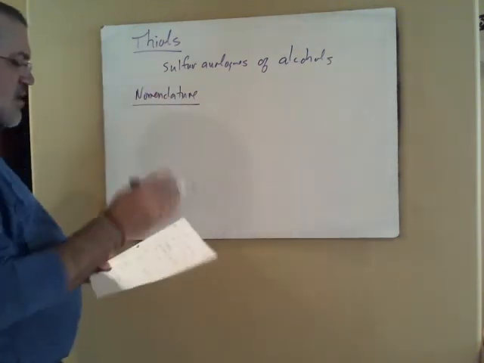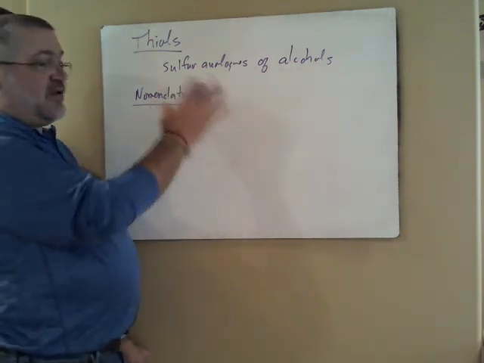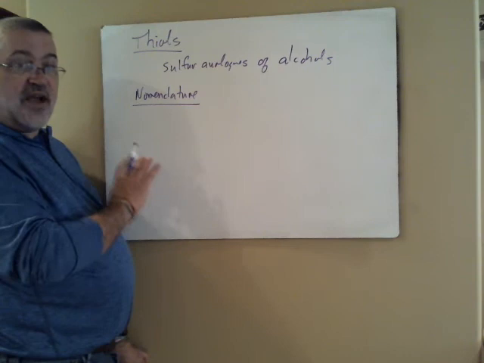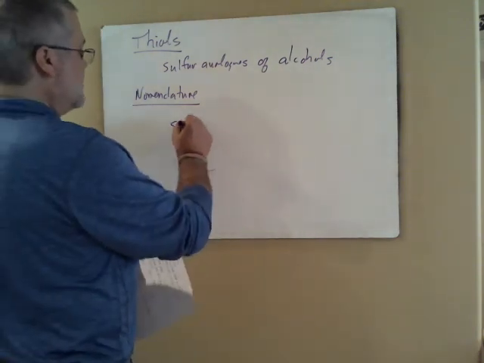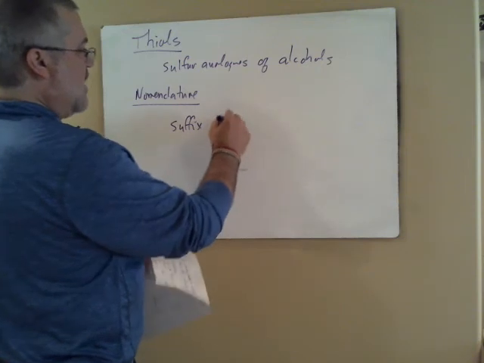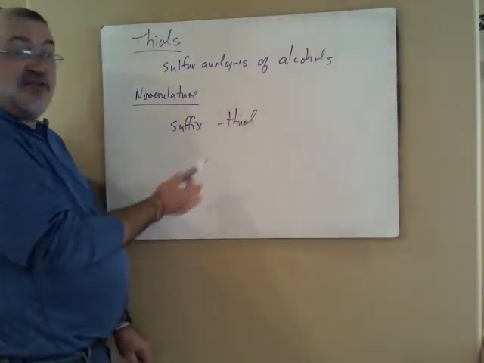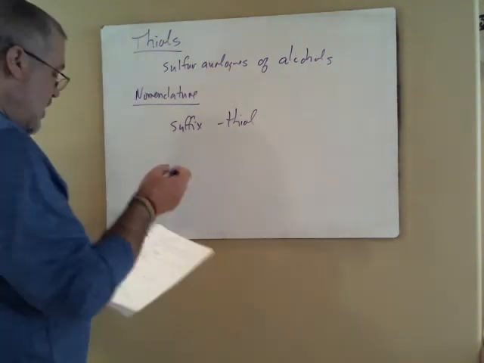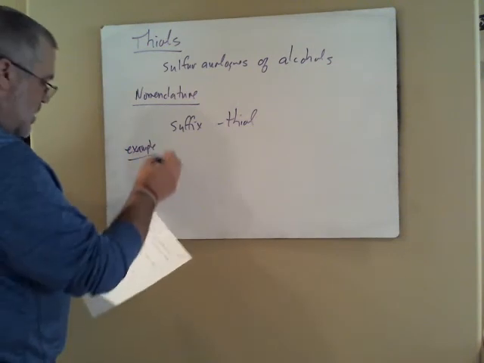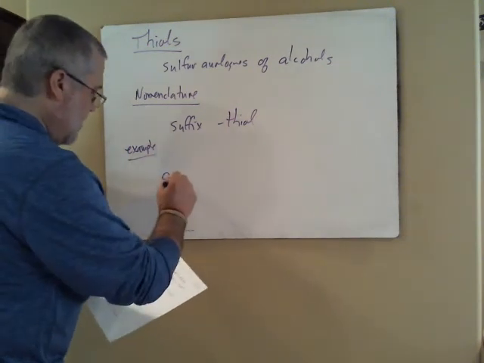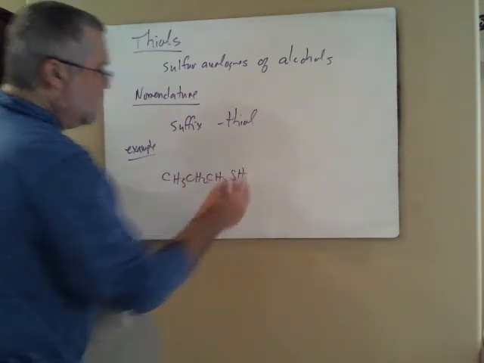Okay, and nomenclature, you're using the same rules as you did for alcohol. So all you really have to do is look back at the rules for alcohols. Everything is the same except your suffix changes. The suffix now is thiol, which makes it really easy, right? And so, for example, if you're going to name a thiol, all you do, remember, is you're going to name the alkyl portion and then add the suffix thiol.